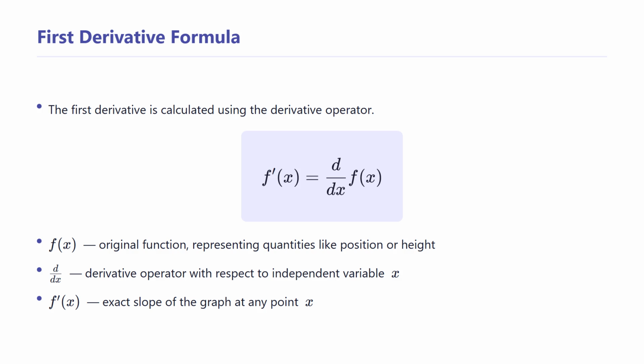Think of f of x as the height of a ball, and f prime of x as the rate at which that height is changing. If f prime of x is positive, the graph is rising. If it is negative, the graph is falling. And if it is exactly 0, we have found a critical point where the graph is temporarily flat, signaling a potential peak or valley.